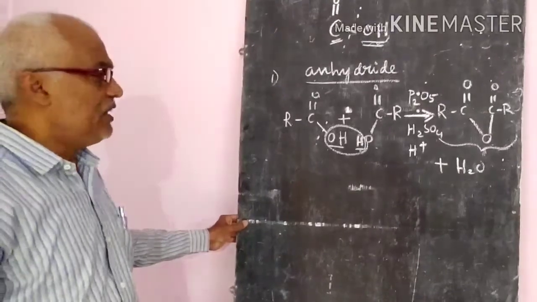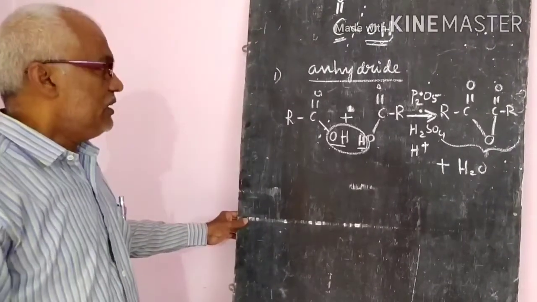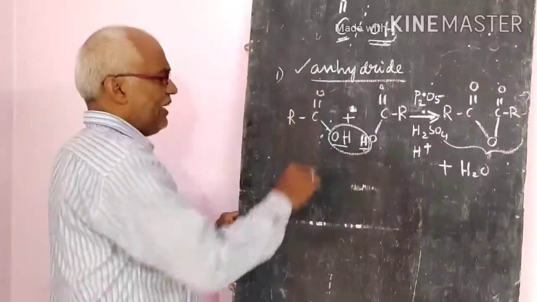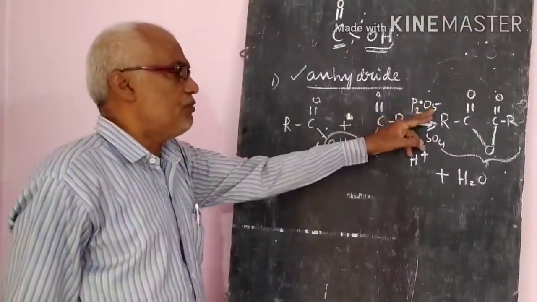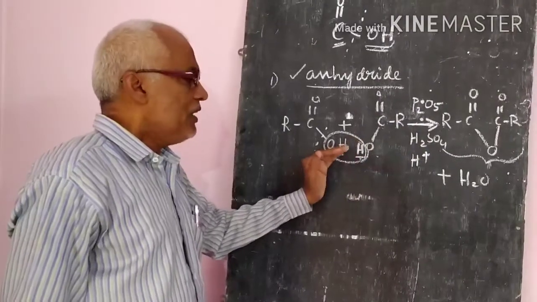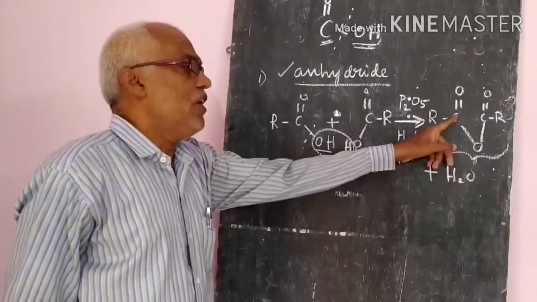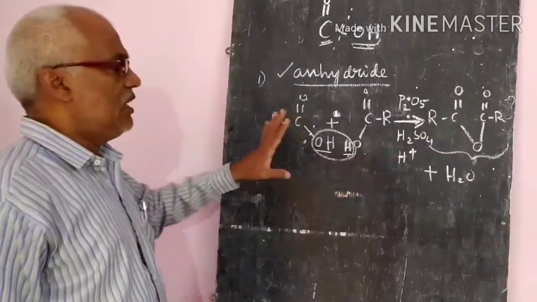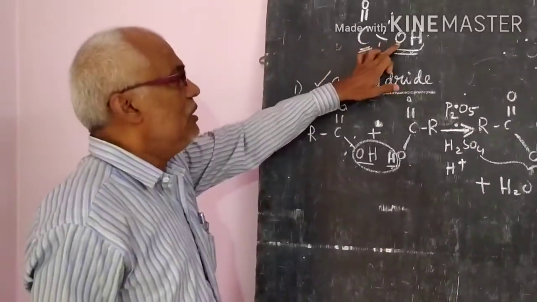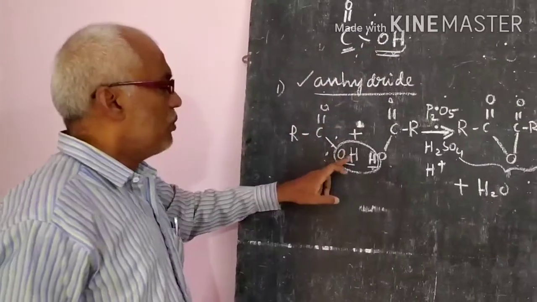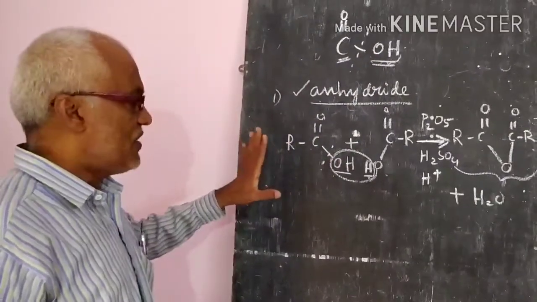So formation of an anhydride means 2 molecules on strong heating in the presence of P2O5 or H2SO4 lose a water molecule and form an anhydride. So this is the first reaction, where the carbon and hydroxyl bond is broken.